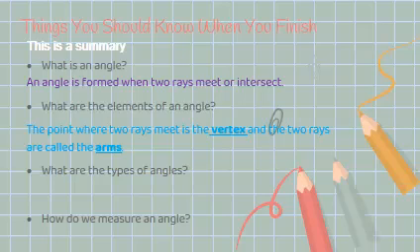The types of the angles are acute, which is less than 90. 90 means right angle. Between 90 and 180 is obtuse, and exactly 180 is straight. So the types of the angle are acute, right, obtuse, straight, and null. Null means zero. We don't have an angle. That means the two rays are above each other. And what do we use in order to measure an angle? We use a protractor.